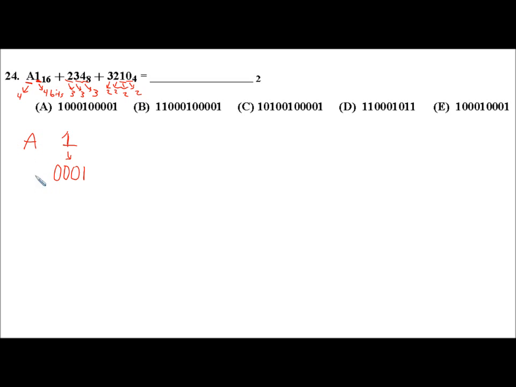So in binary, 10 is a quantity of 8 plus a quantity of 2. So again, if we do our place value, we have a 1's place, the 2's place, the 4's place, the 8's place. We would have 1, 0, 1, 0. So this right here is A1 converted to binary.